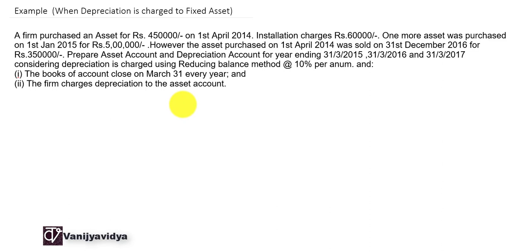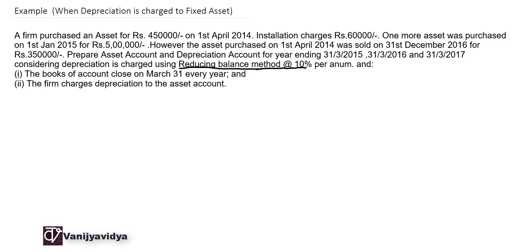It is directly charged to asset account. So this was about the accounting approach or way that the firm is following for depreciation. And the calculation of depreciation will be as per reducing balance method at the rate of 10% per annum.